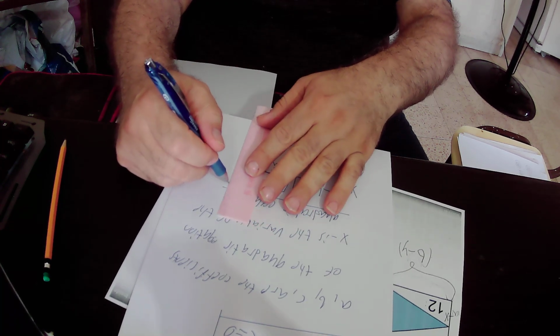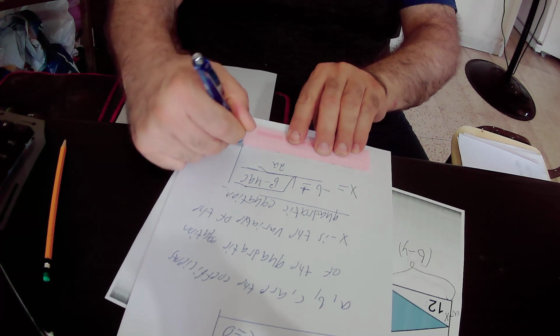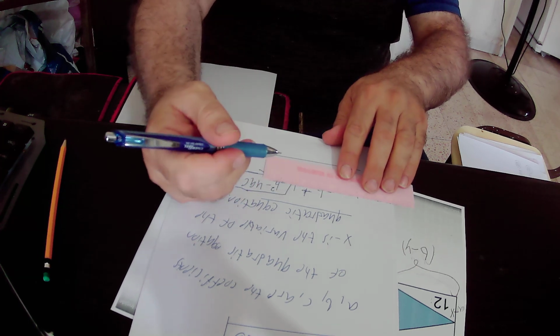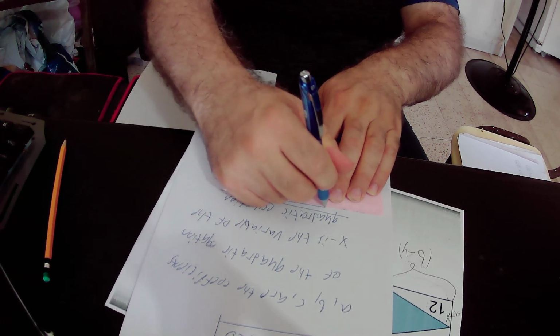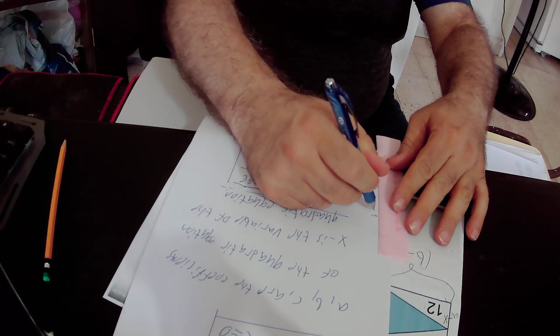So we usually have two roots to this quadratic equation, or two solutions for x.